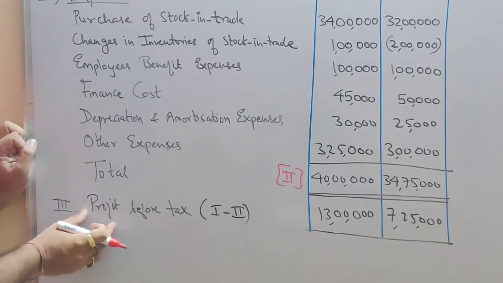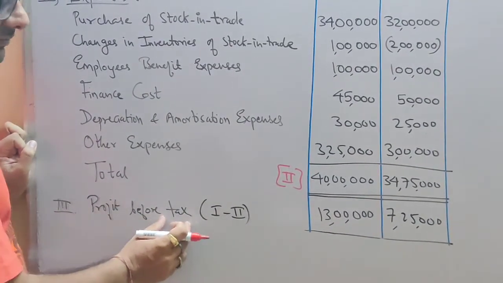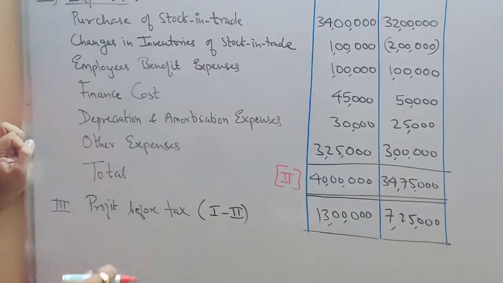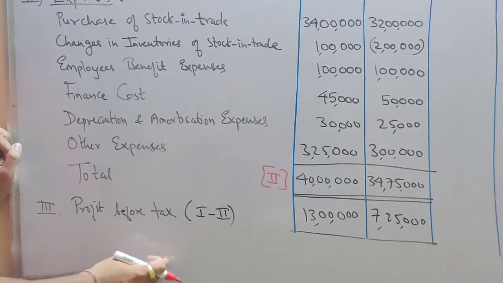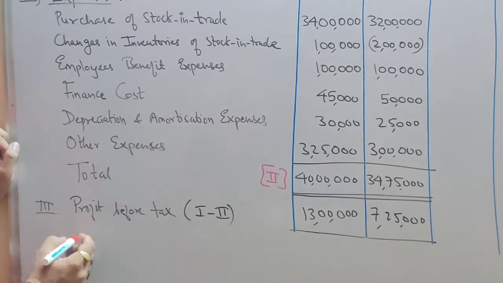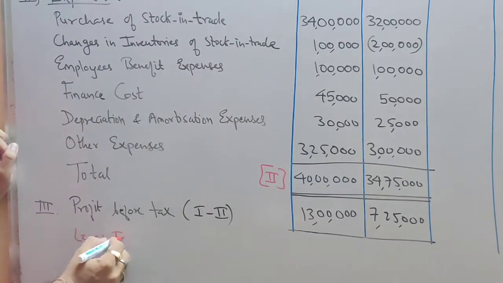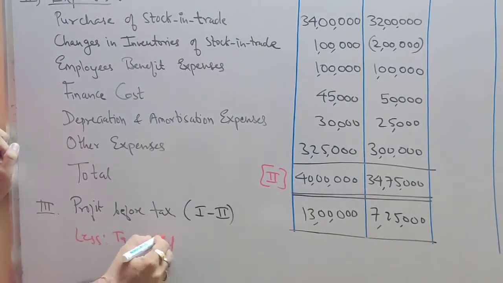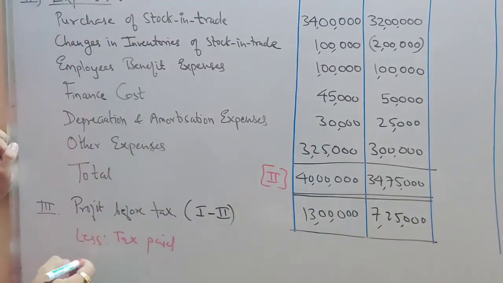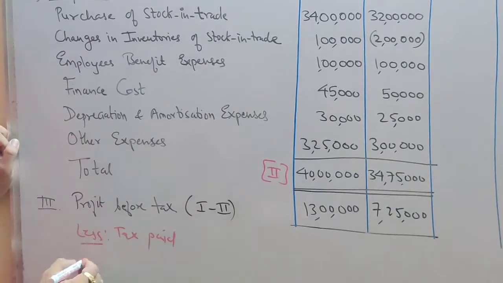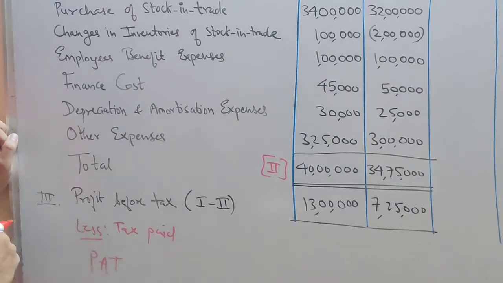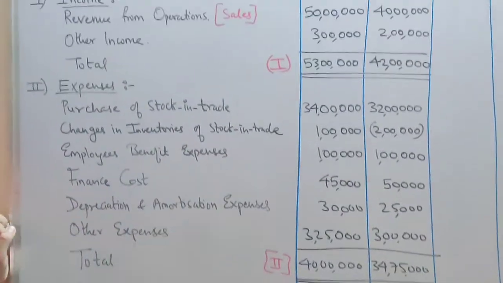If it is a profit, you write it as profit before tax. And sometimes they might give you tax paid. In case tax paid is given, you can write this way: less tax paid, whatever amount is given in the question, and then you minus it, and you get a profit after tax. So this is how the income statement is made.